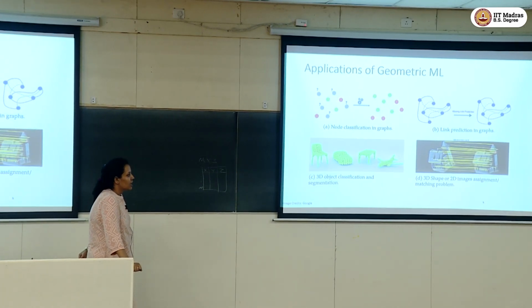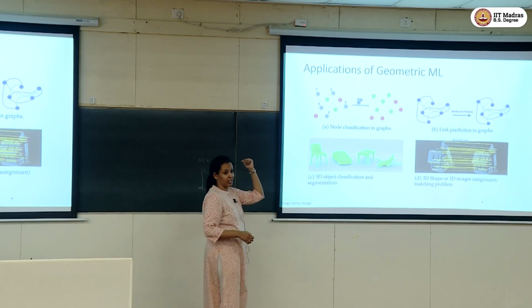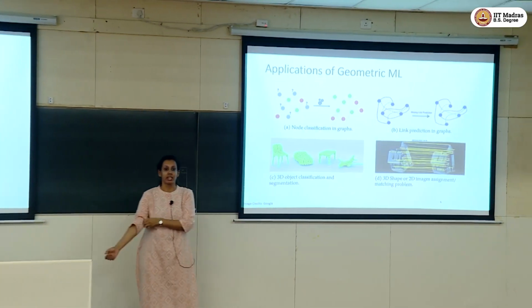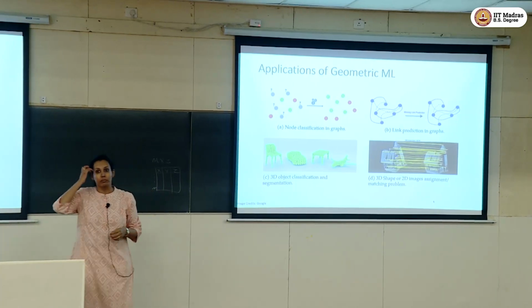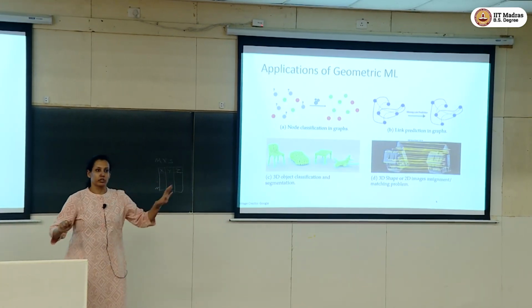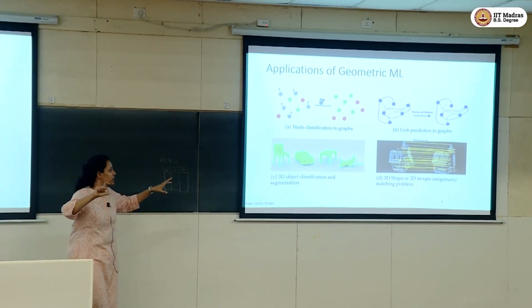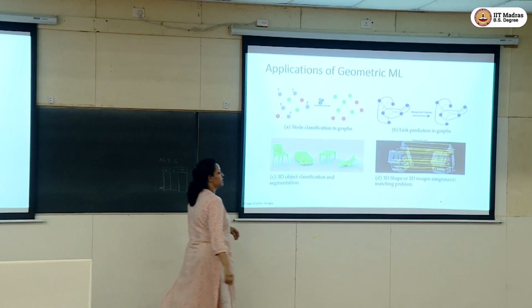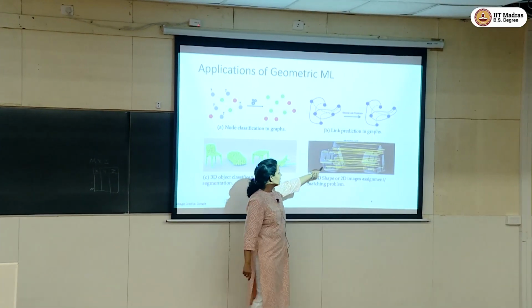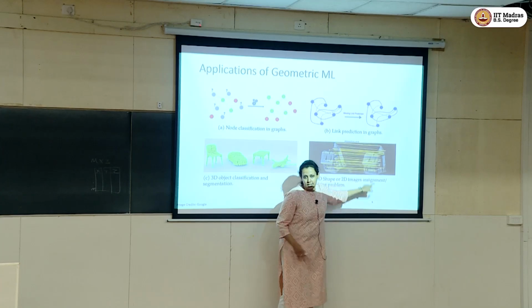Then there is another example which I was giving in the first slide, where I said that I worked on the matching problem on images. This is a figure from one of my papers where you take a picture of a house from one angle and from another angle, where the house is a bit rotated. Now can you say that the point on this window matches the point on this window? Can a machine say that, right?